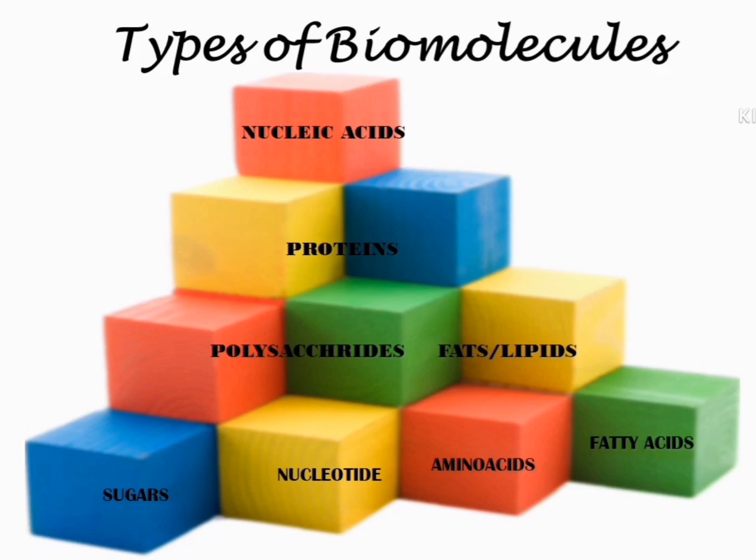Nucleic acids and proteins are informational macromolecules. Proteins are amino acid polymers that comprise the largest fraction of cells. Nucleic acids, DNA and RNA, are nucleotide polymers.